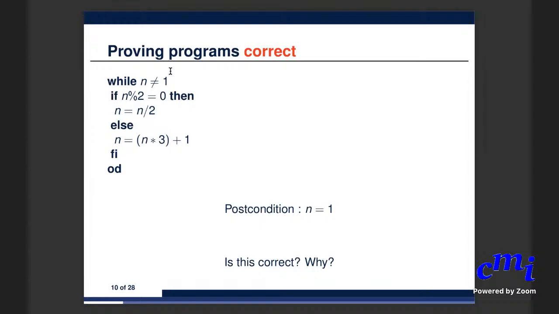No, but that's not true. Just now Chandradeep said that if n is a power of 2, then it'll terminate and give n equal to 1. Yeah, so I'm saying that the only case where it terminates is n equal to 1.